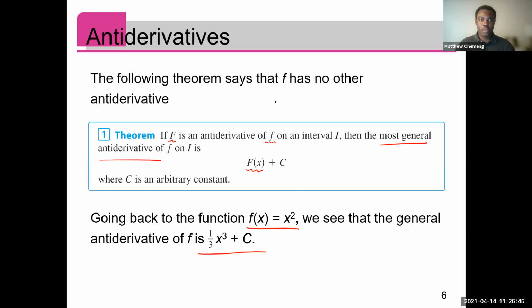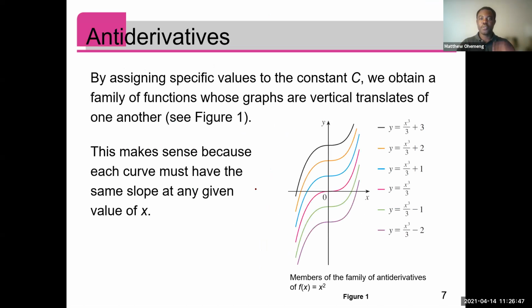For the PowerPoint, we are still explaining what the result of the antiderivative means, right? When we had f of x equal to x squared, we said the antiderivative is f of x equal to 1 over 3 x cubed plus c, right? Because c is an arbitrary constant, it could be any constant at all.